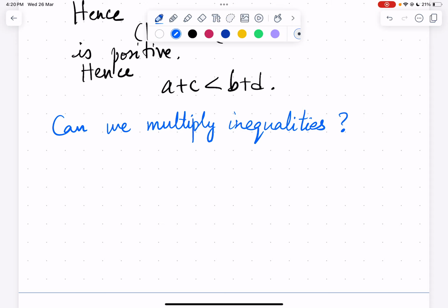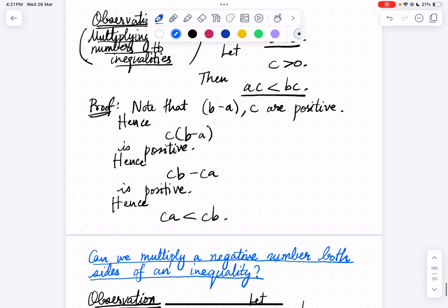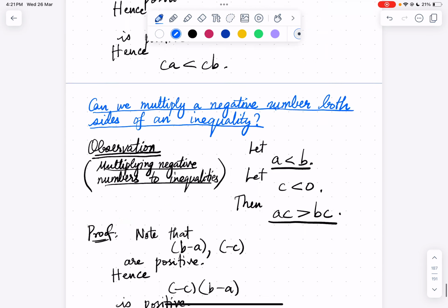Note that we have reduced the proofs of all the basic inequality properties to positivity statements, and it became very simple to deal with.